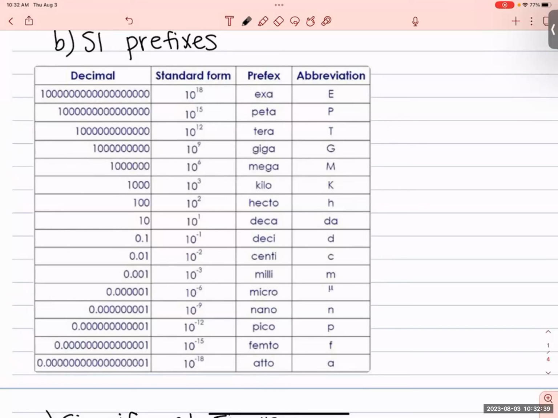But this is a list from the base unit up to 18 and down to negative 18. I think that for this class you only need to know, I say only, but it's most of the chart, from tera down to pico.